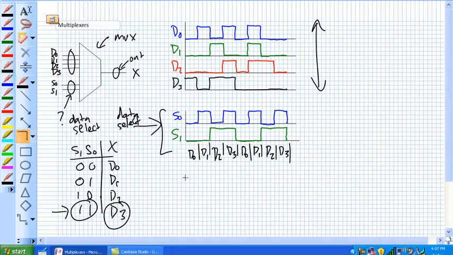So what does our output X look like? Well, it's going to be a representation of, in this case, for this first block of time, D0, which happens to be, I'm going to draw it in red, 0. Now it's going to grab D1. That is also 0 during this time frame. Now it's going to grab D2. Well, D2 is also 0 during that time frame. Now it says grab D3.